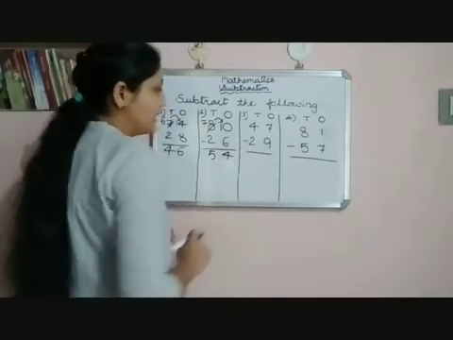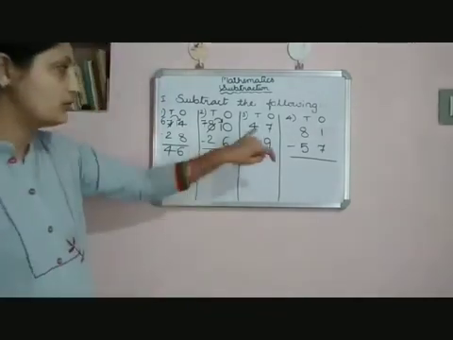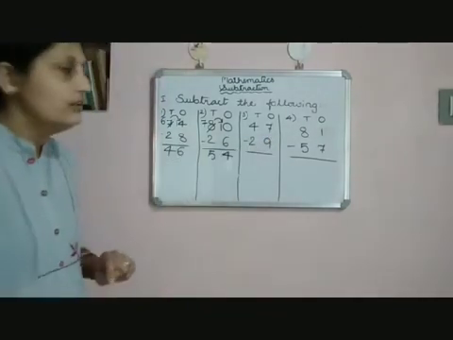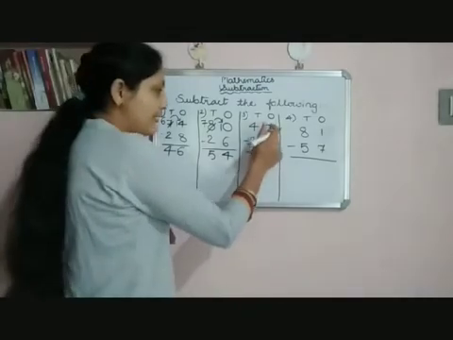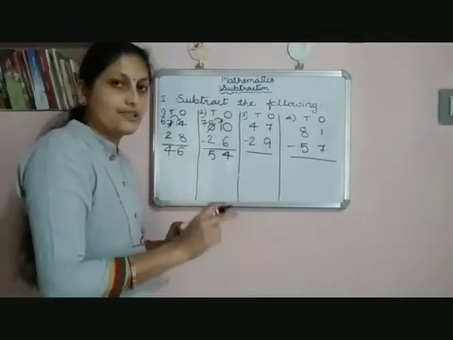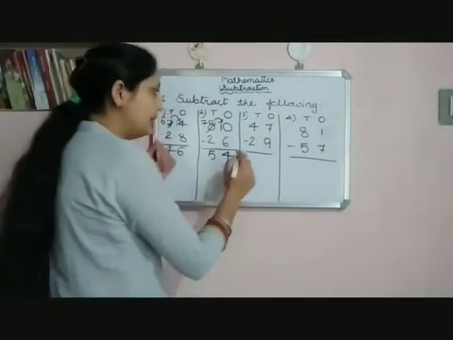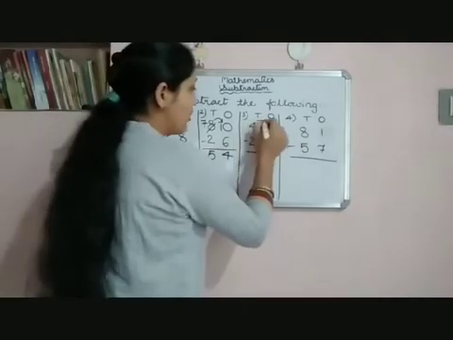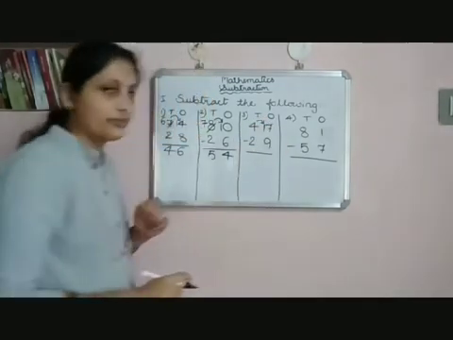Next third one. 47 minus 29. So in the ones column you have 7 minus 9. So from 7 you cannot remove 9 things. 7 is smaller than 9. So take borrow from tens column. You are taking 1 from the tens column.